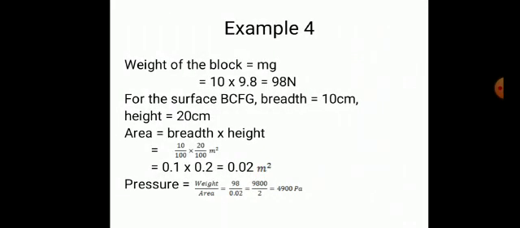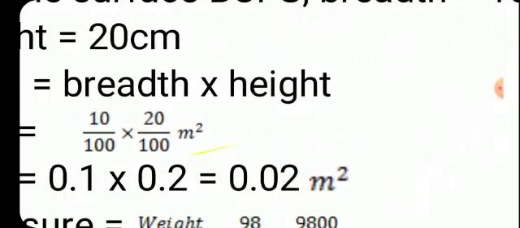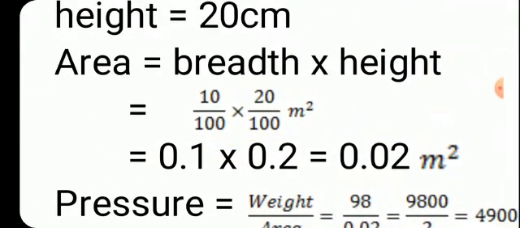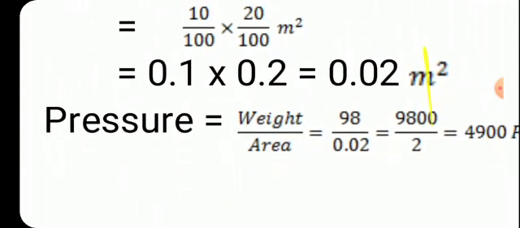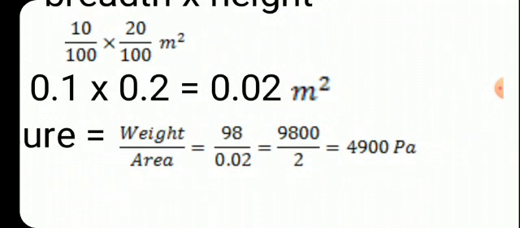Let us see how much pressure is exerted by surface BCFG. Breadth is 10 cm, height is 20 cm, area is equal to 10 upon 100 multiplied by 20 upon 100. 0.1 multiplied by 0.2 is 0.02 meter square. Pressure is equal to weight upon area. 98 divided by 0.02 is equal to 9800 divided by 2, and that is equal to 4900 Pascal.